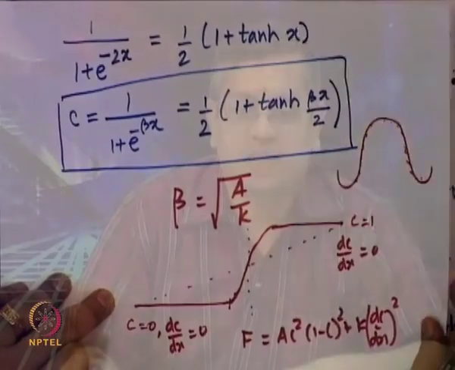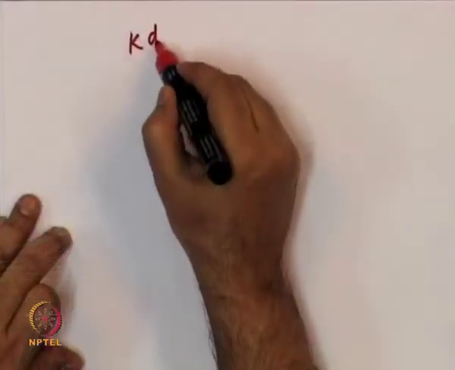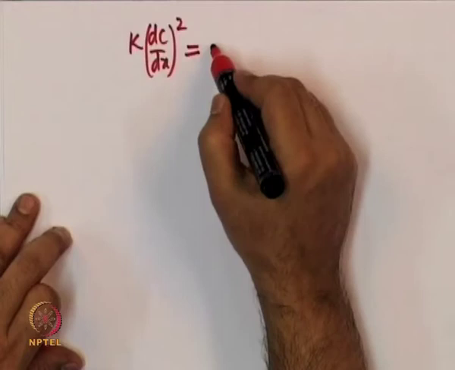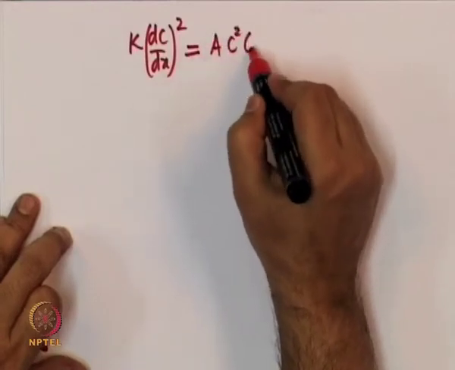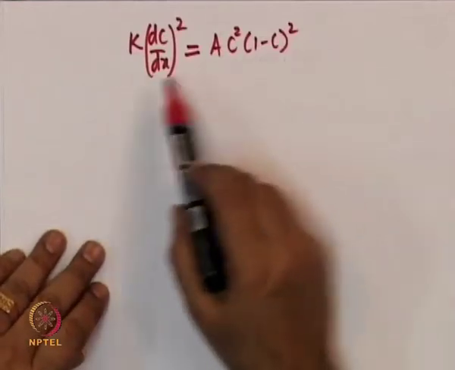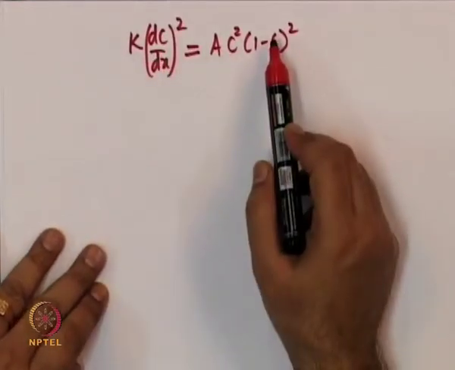Remember, the final expression from which we tried to solve the equation was what? It said that kappa dC by dx whole squared should be equal to A C squared into 1 minus C whole squared, right. Interfacial energy minimum required, this is from where we started solving.